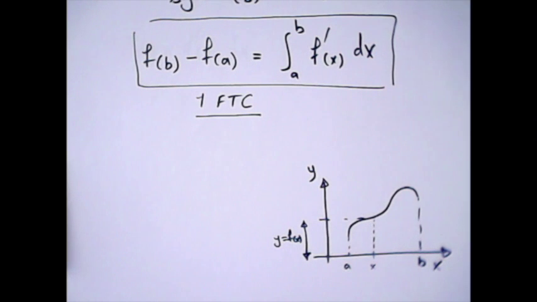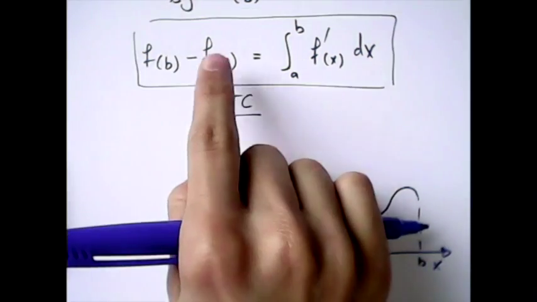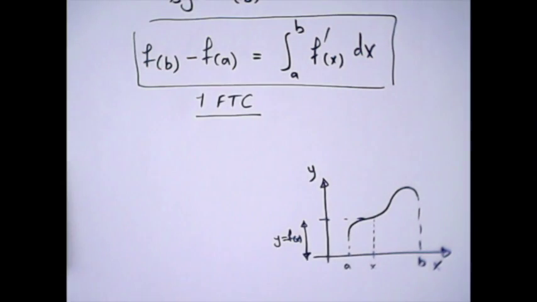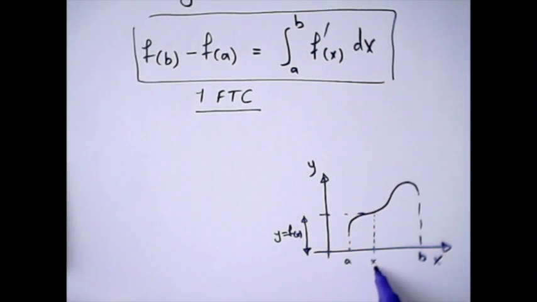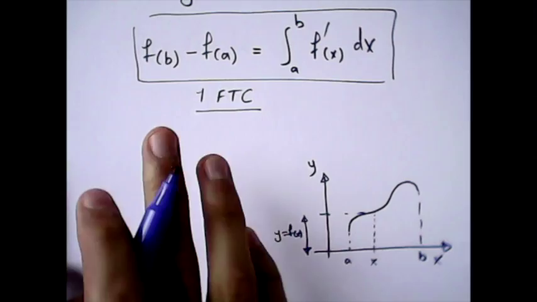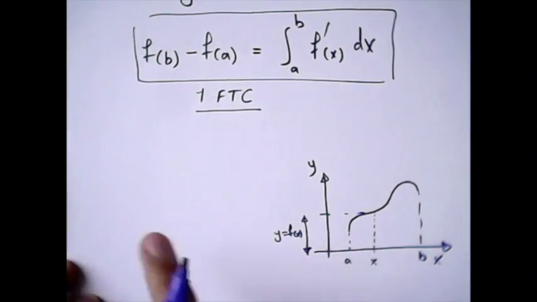All I'm going to do is to replace one of the bounds, a or b, by this generic value of x. Okay, let's see how I do it. Let's say I'm going to replace b by x.